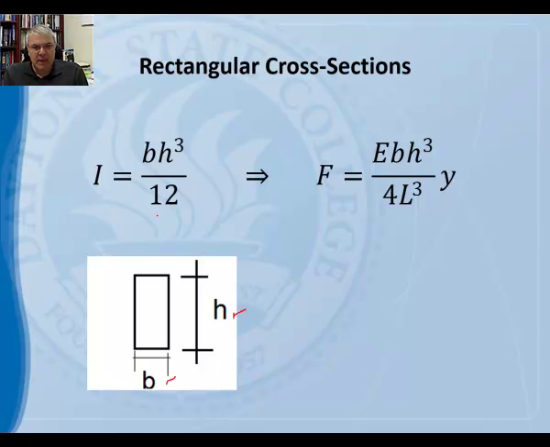If I turn this to its side, you would see that your B and H would be different. That's why this particular cross-section has a higher moment of inertia than if I flip it and lay it down to its side.